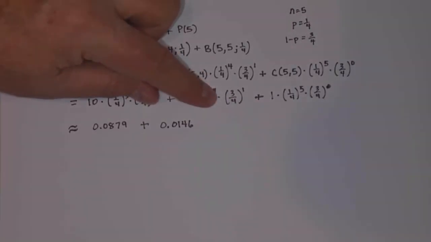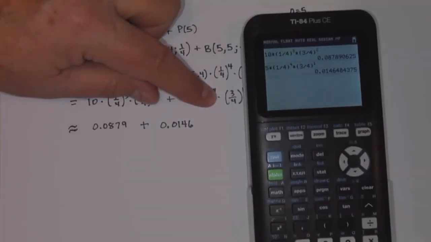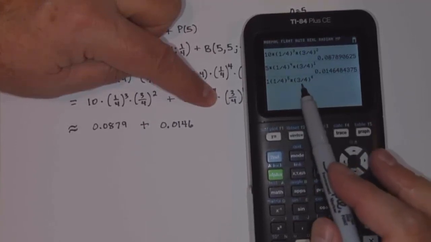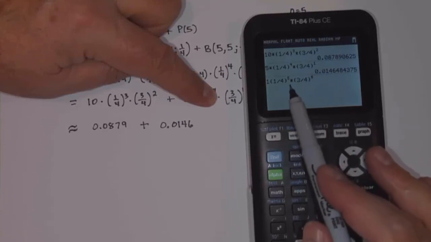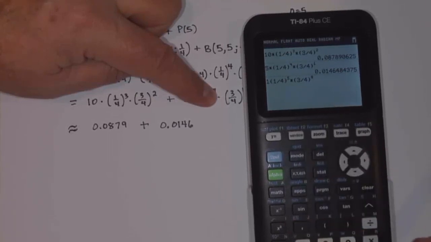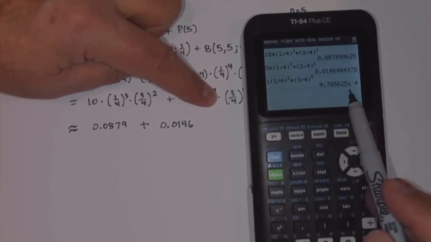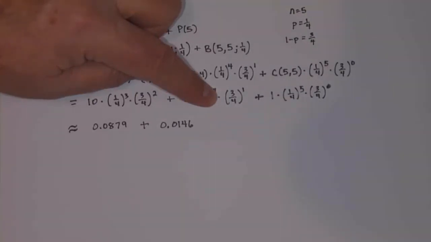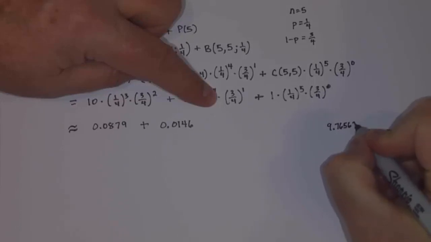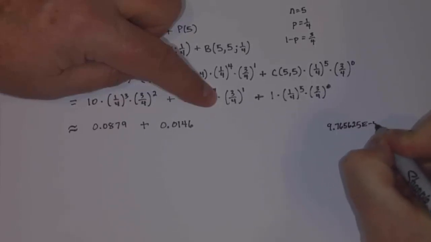Okay? And then last but not least, I have 1 times 1/4 raised to the 5th power times 3/4 raised to the 0 power. And again, I really wouldn't have to type that 3/4 to the 0 power because that's really just 1. So it's really 1 times 1/4 to the 5th power times 1. And that gives me this scientific notation. Now sidebar for just a second. I have 9.765625 e negative 4.